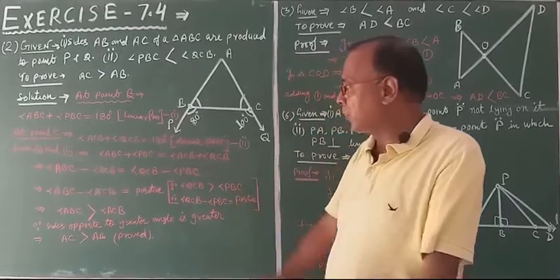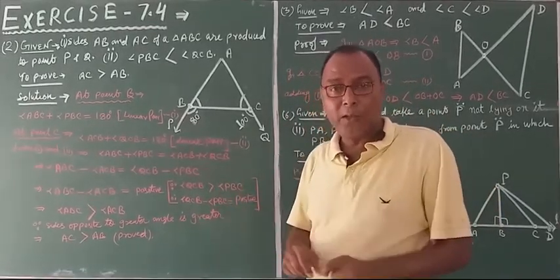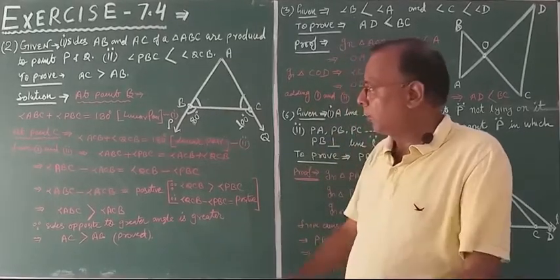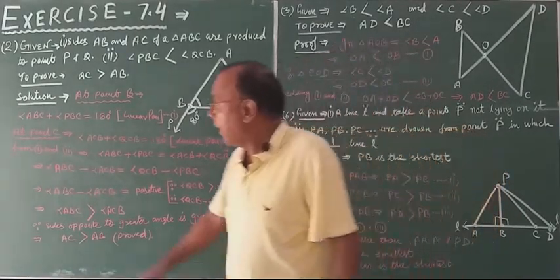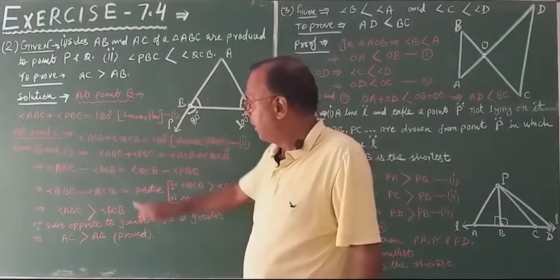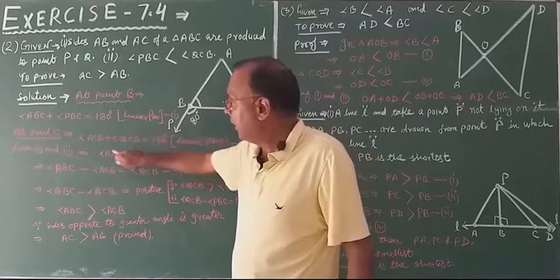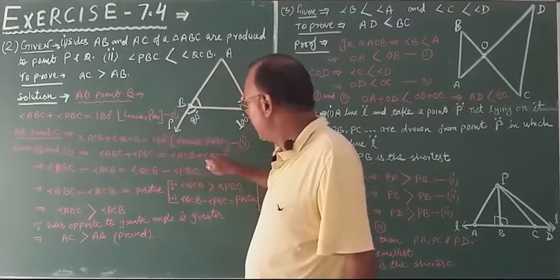We will use that axiom. So the left hand sides will be equal: angle ABC plus angle PBC will be equal to angle ACB plus angle QCB.